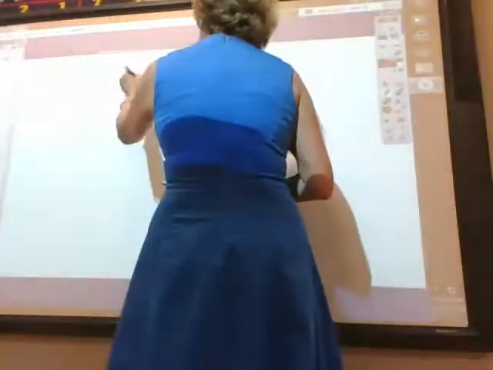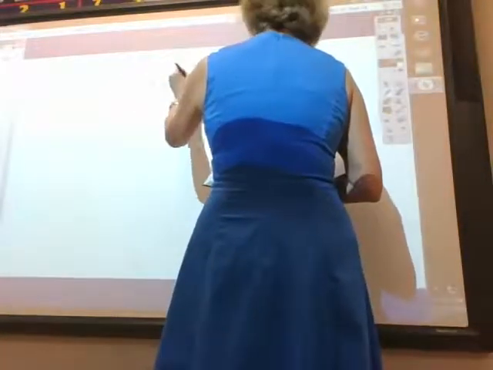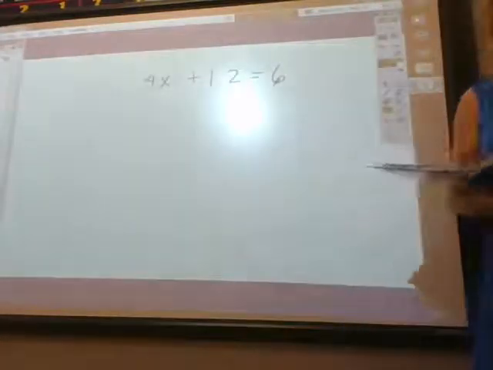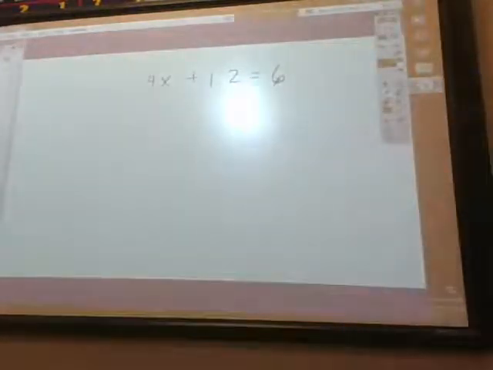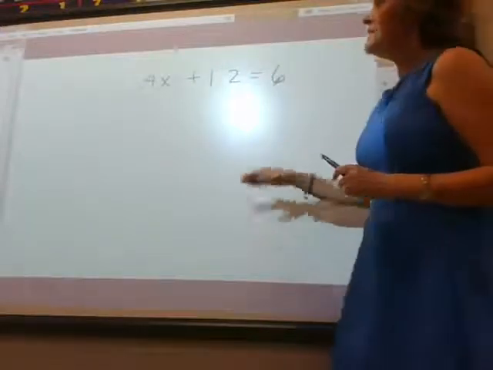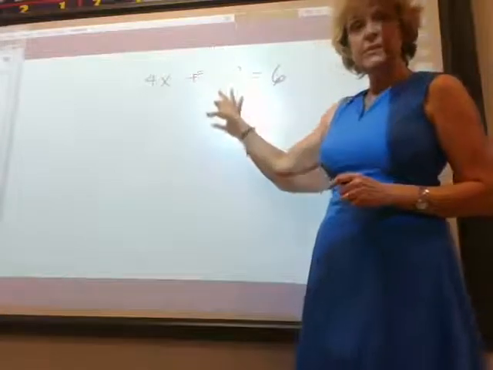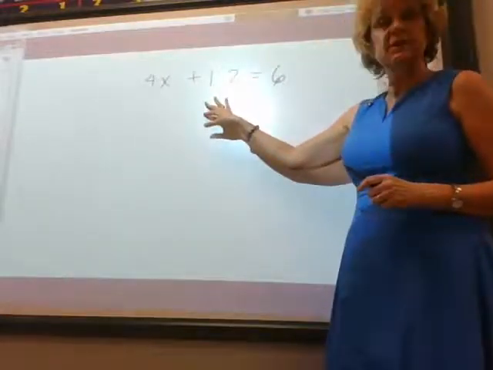Okay, so let's look at one that has decimals. We can do that. So let's proceed to example 1. We have 0.4x plus 1.2 equals 6. All right, so we want to be able to apply our algebra here. So the x term is right here. I want it isolated, so I want to get rid of this 1.2, don't I?